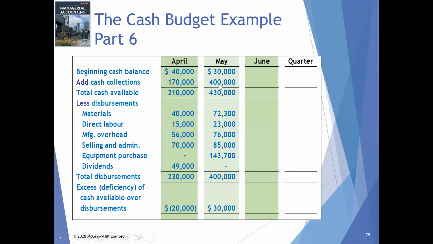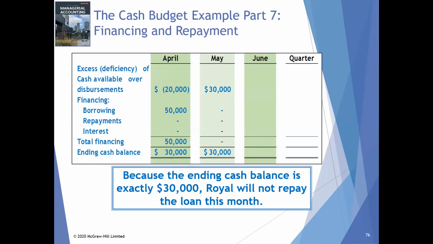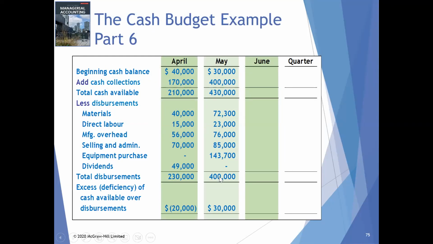Here $400,000 is the cash collection from the sale of goods that we calculated before. Now see, this is the cash.